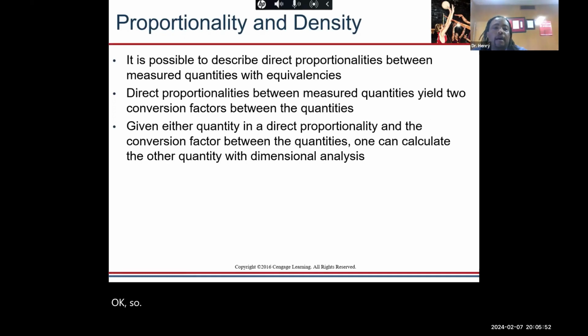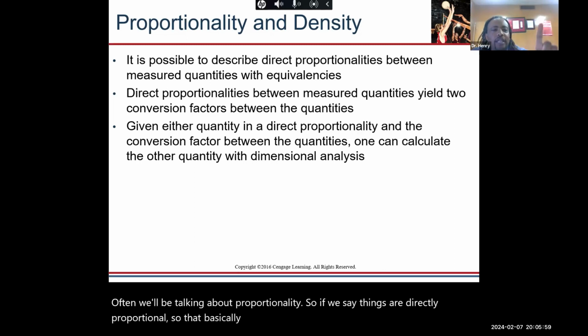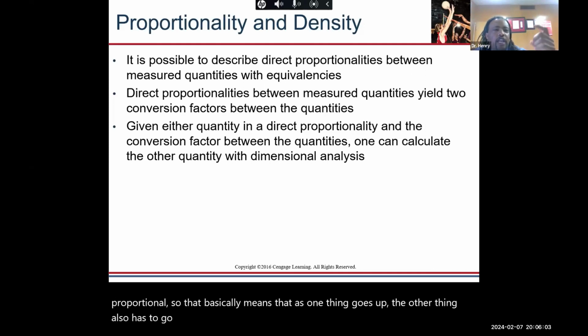Often we'll be talking about proportionality. If we say things are directly proportional, that basically means that as one thing goes up, the other thing also has to go up, right? They're both going to increase in value.